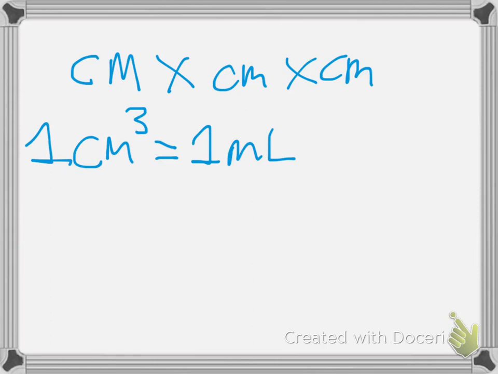So that is how we make that jump between a centimeter and a milliliter. Milliliters are more common units of volume for liquids. So liquids or gases will tend to be measured in milliliters or liters, and then solids may be measured in centimeters cubed or in meters cubed.